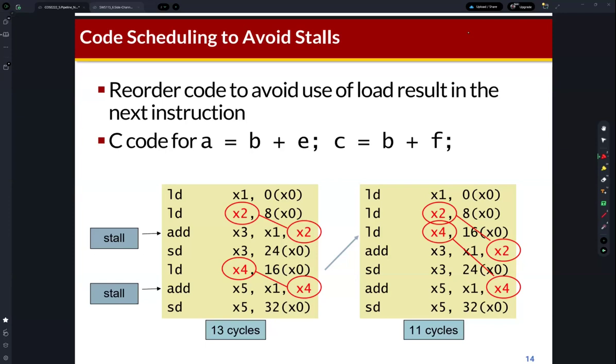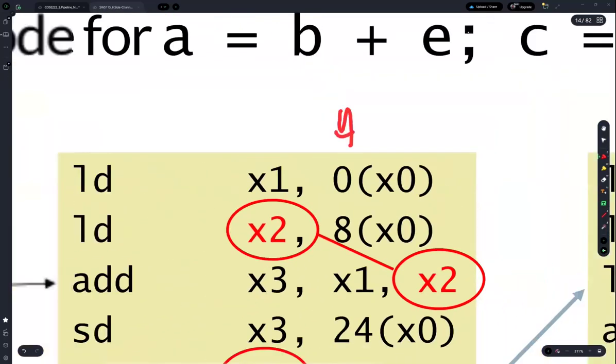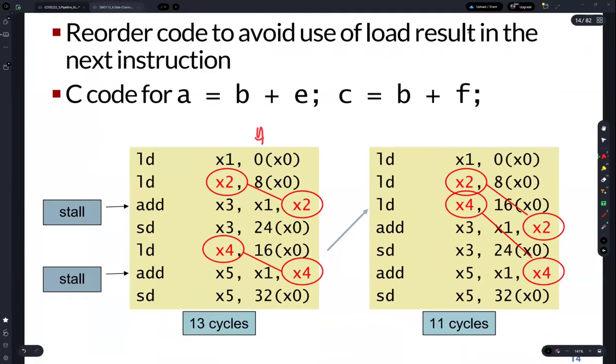If you see this code, it is something like A equals B plus E and then C equals B plus F. Right? So if you see this code, you can find that this is the load instruction, load doubleword, and then the add instruction is here. You can find X2 and X2 here. So you can find the data dependency between the load instruction and the add instruction.